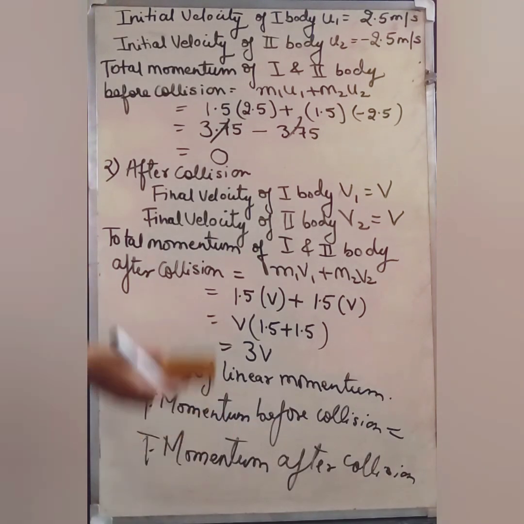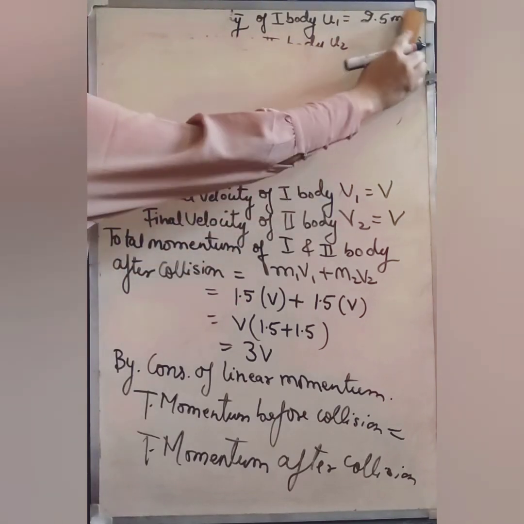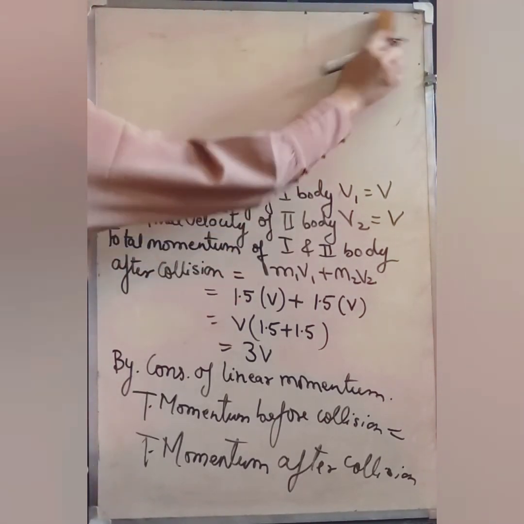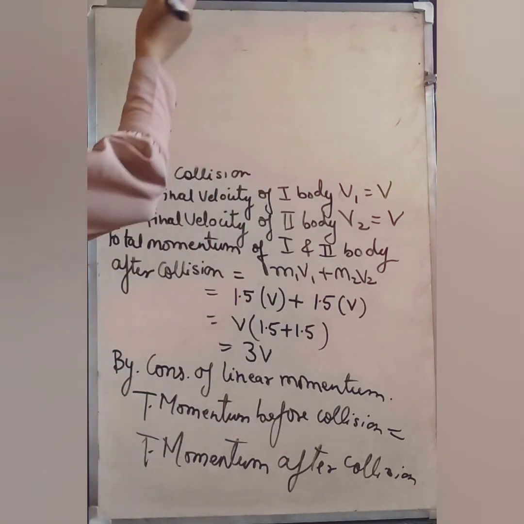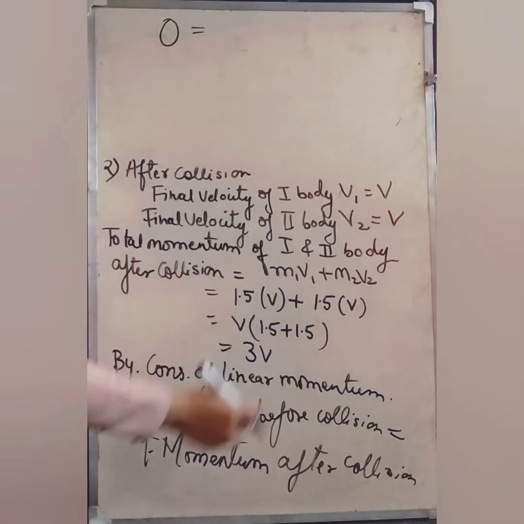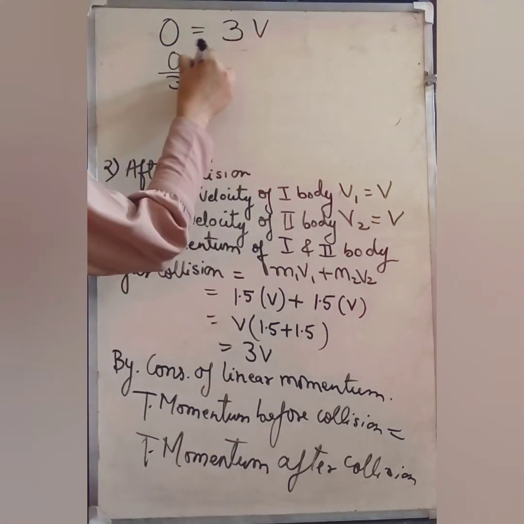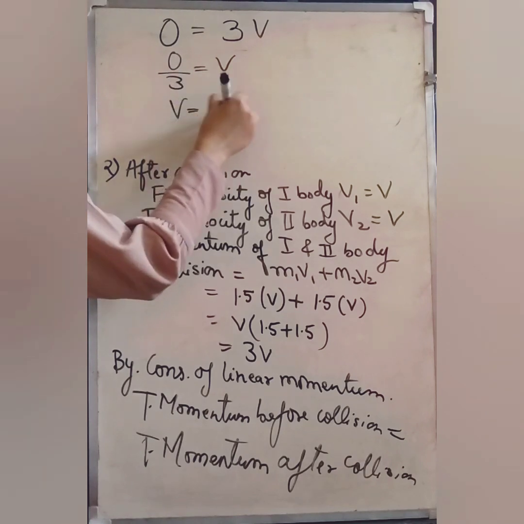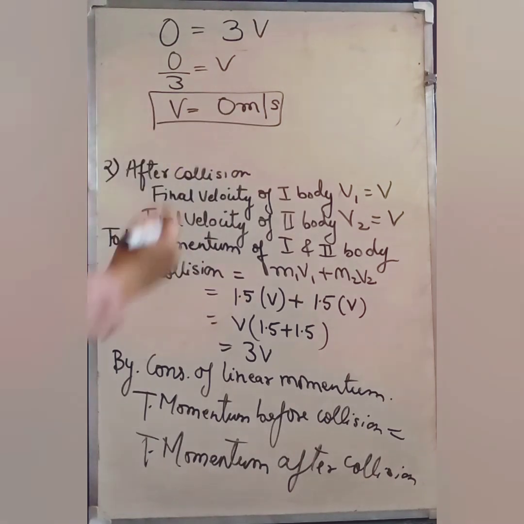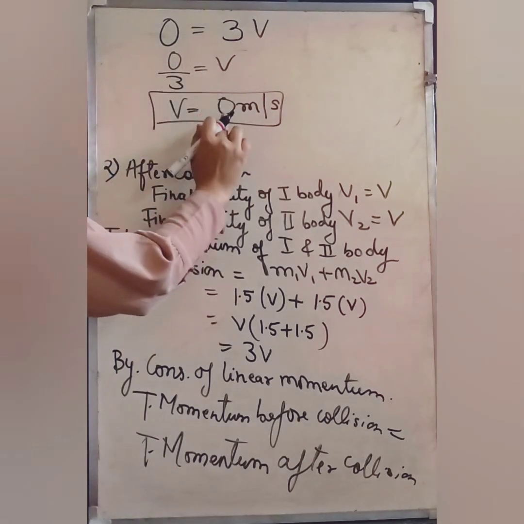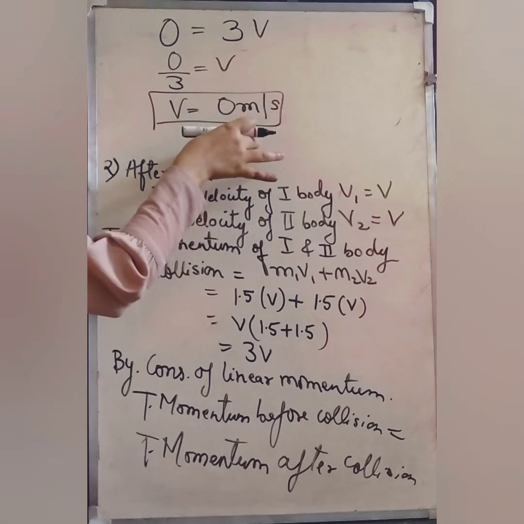So simply I have to put the values. Total momentum before collision was 0 and total momentum after collision is 3v. So 3v equals 0, so v will be 0. It means that students, the two bodies after collision have come to rest. Now they are not moving, they have just come and stuck together.